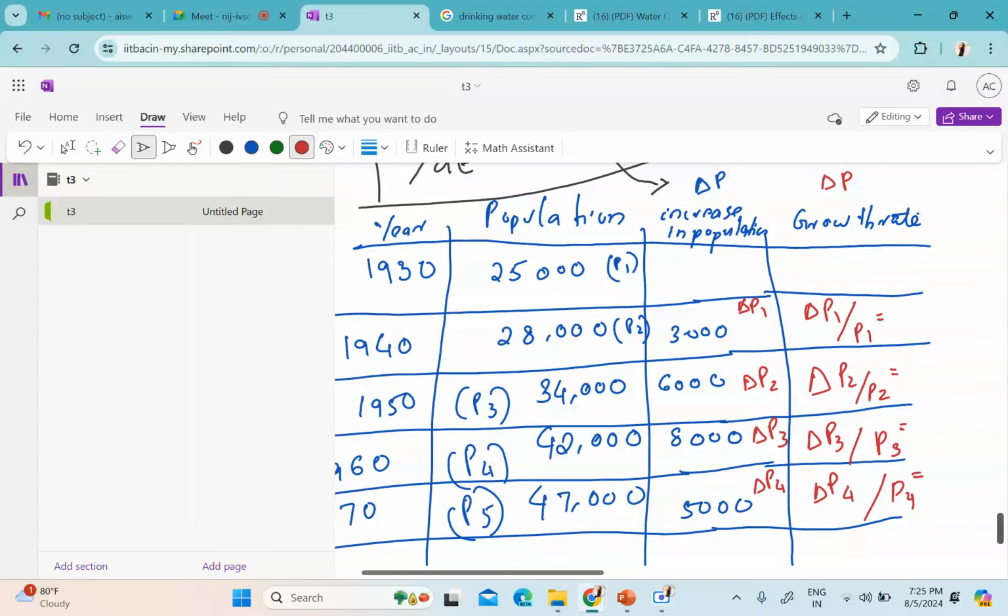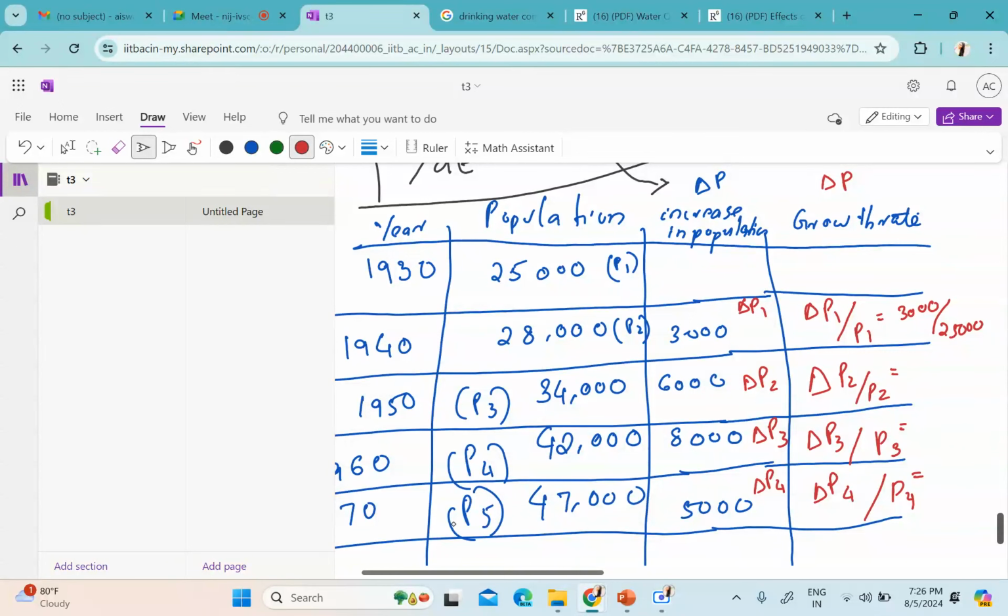Here, 60. So that means you have to calculate 3000 divided by 25,000. What is the value here? 0.12.